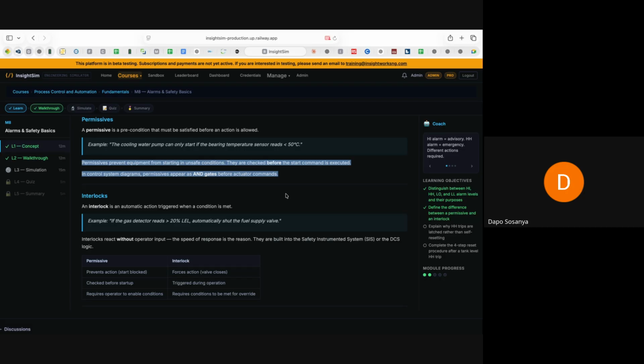So the closest example I can use, we don't have permissives in our generators, the normal petrol generators.